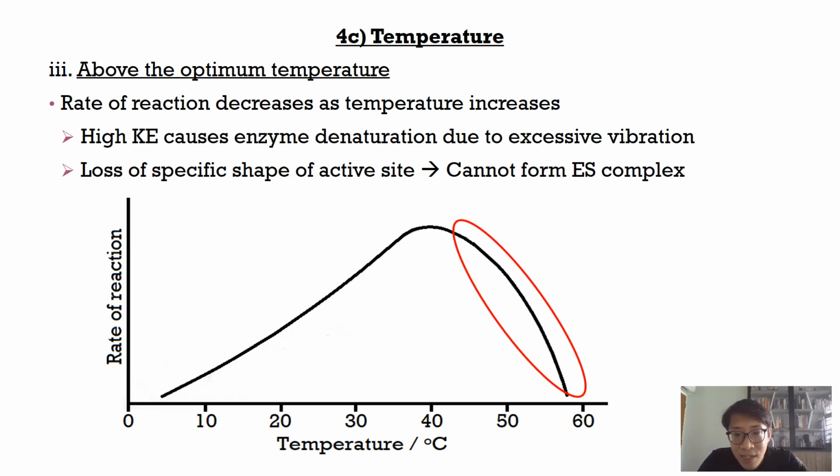So the active site is no longer maintained, it is no longer complementary to the substrate, and that would in turn hinder the effective collision and formation of enzyme-substrate complex. So due to the denaturation, enzyme-substrate complex is formed less, and therefore the rate of reaction is decreased.